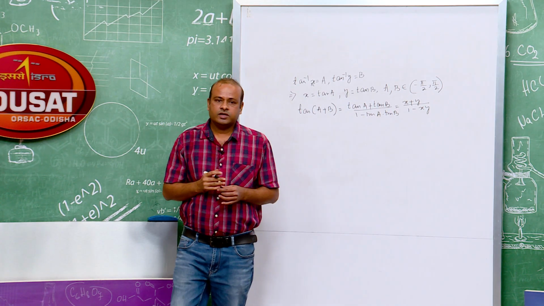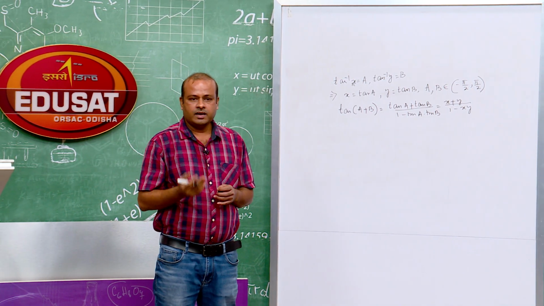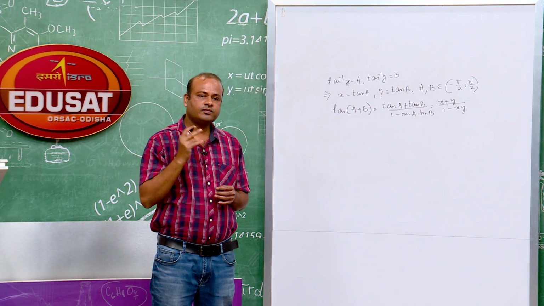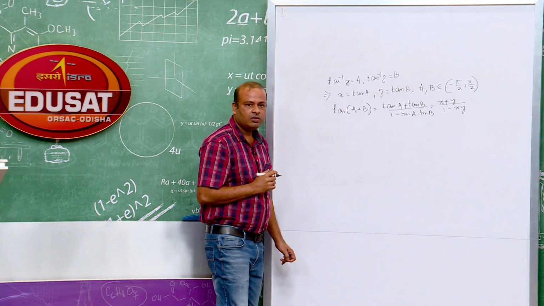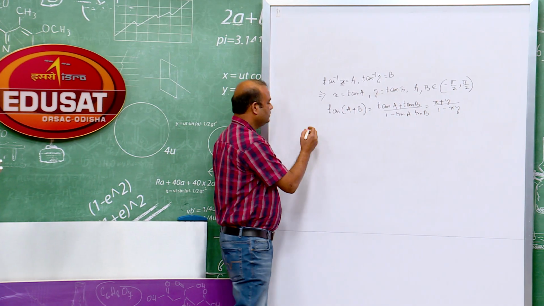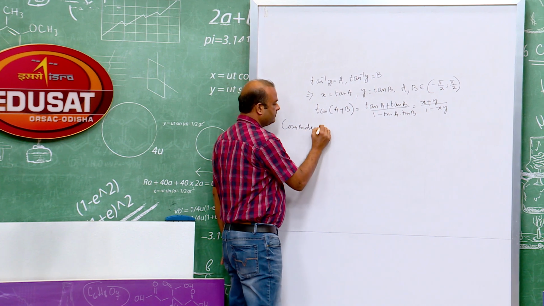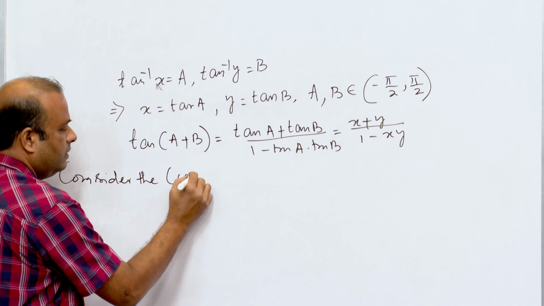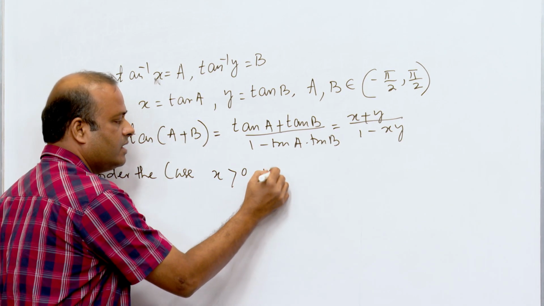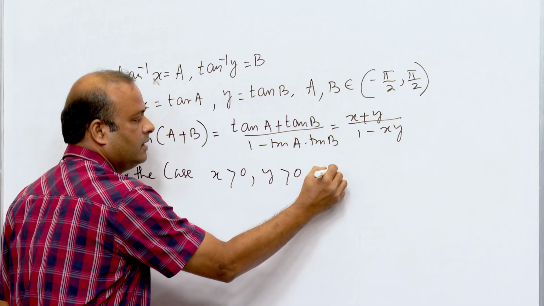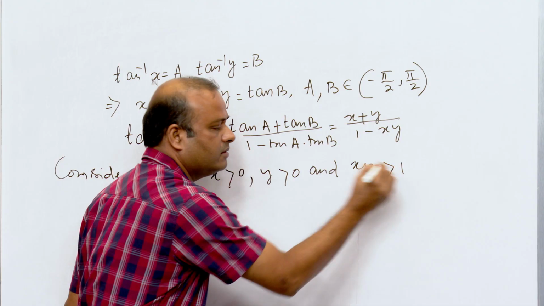Out of the different conditions, I am going to prove just one condition, that is x greater than 0, y greater than 0 and xy greater than 1. So, consider the case x greater than 0, y greater than 0 and xy greater than 1.